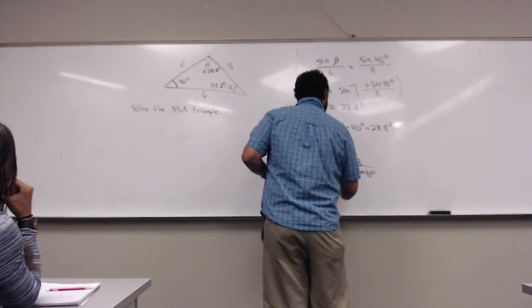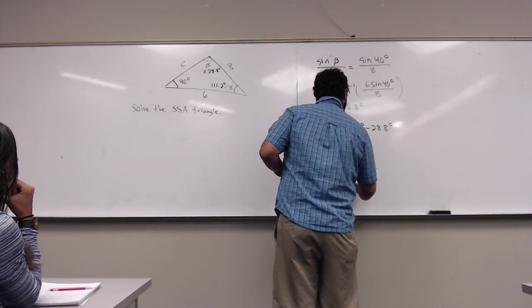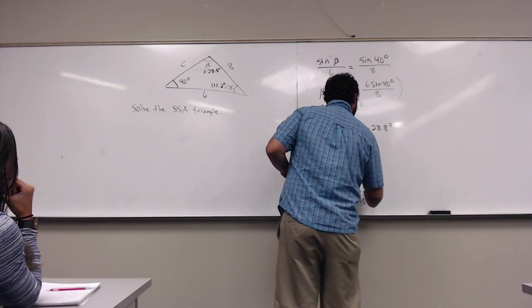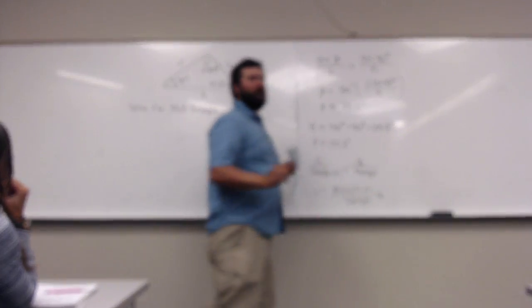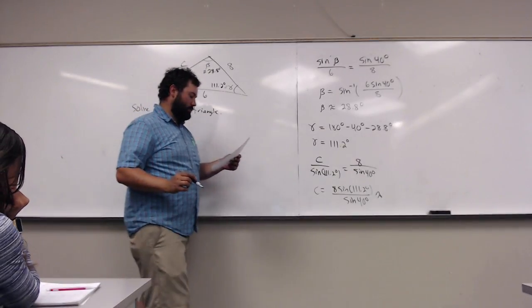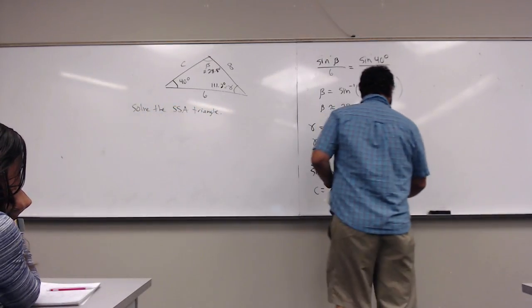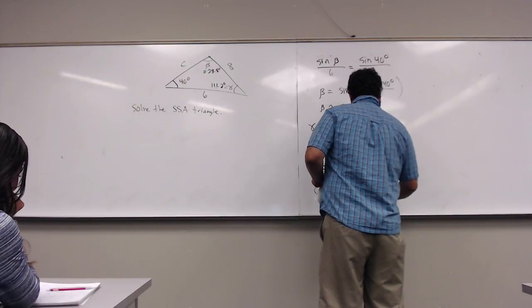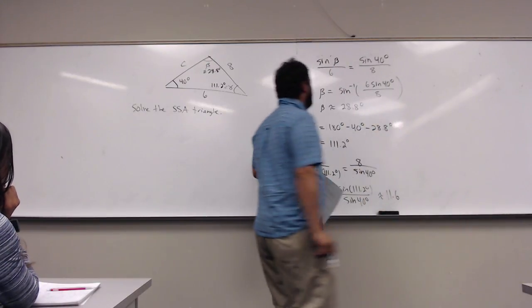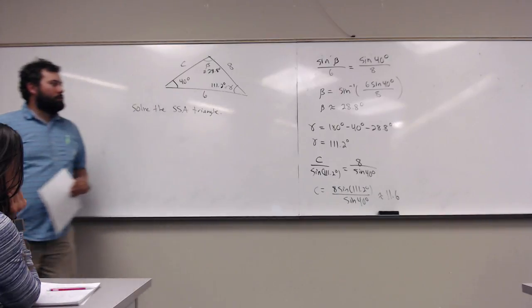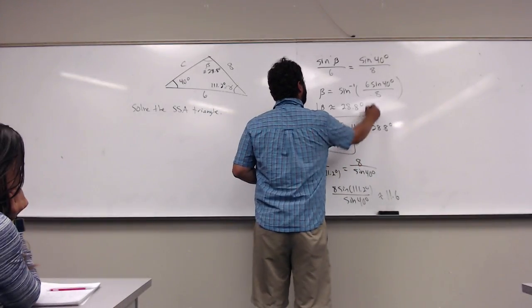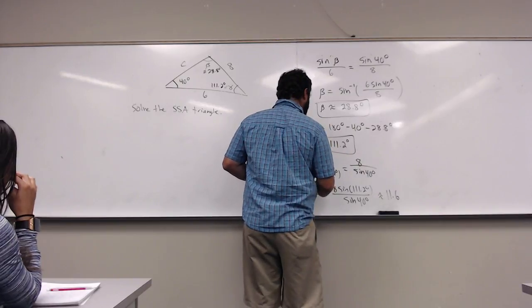So C equals 8 sine 111.2 over sine 40. And anybody spit that out yet? 11.6. You get 11.6. So that would give me one of the triangles, if there is more than one.